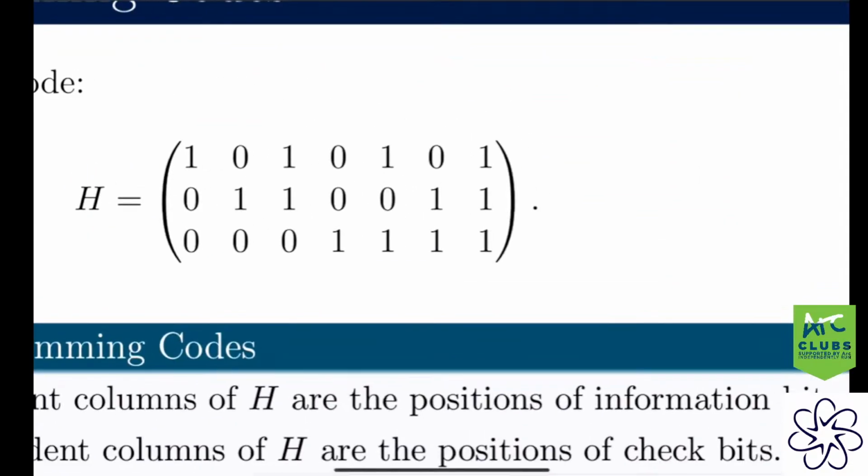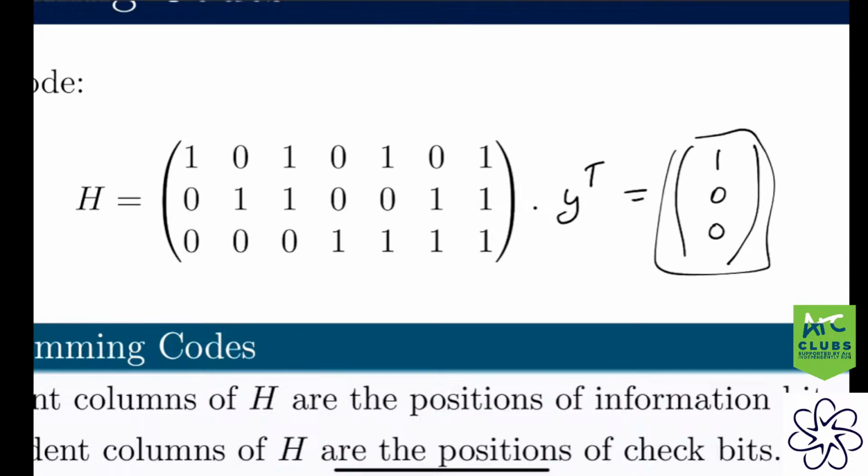So for example, if we have a corrupted message here, if it was not corrupted, then it should be equal to 0, 0, 0, right? But if it was 1, 0, 0, for example, we know then, since this vector is equal to the first column vector of the parity check matrix, this implies that the first bit in our message was an error.